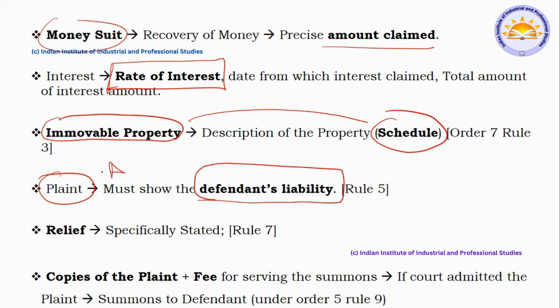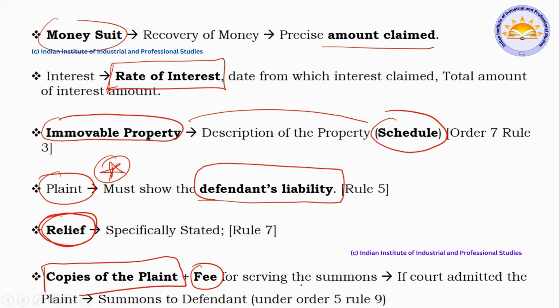This is the very important role of the plaintiff. In plaint, he has to mention the defendant's liability and reliefs claimed by the plaintiff against the defendant, and the copies of the plaint along with the fees of serving the summons. To serve summons, court fee payment has to be made, and that is done as per order 5, rule 9.